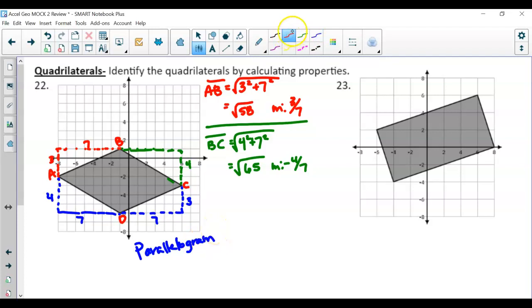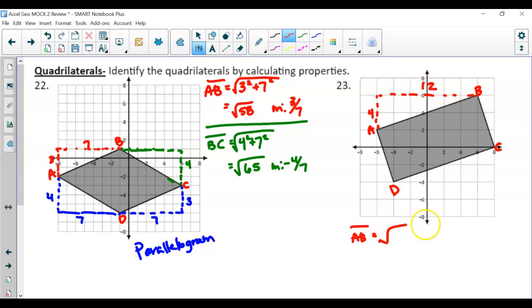So now here, again, labeling A, B, C, and D. So let's again start with side A, B. Now notice in this one, we are counting by twos, the lines. So this is going to 4, and then here 2, 4, 6, 8, 10, 12.